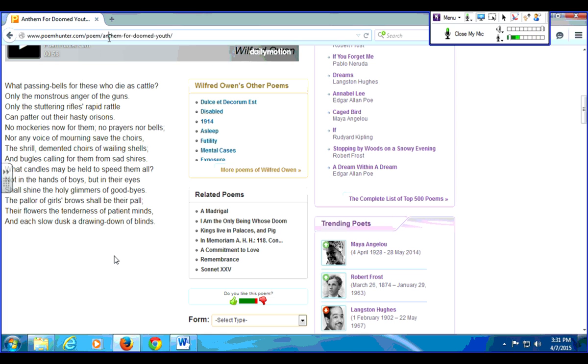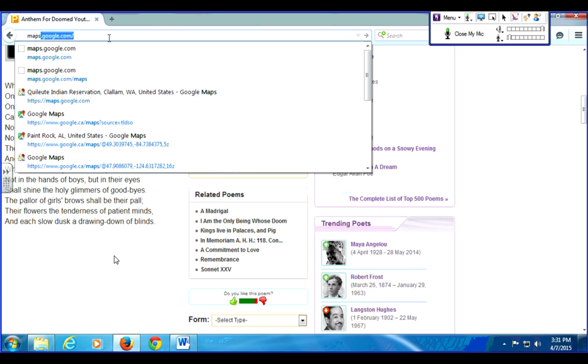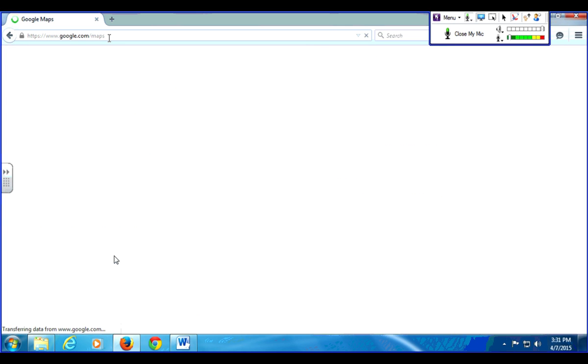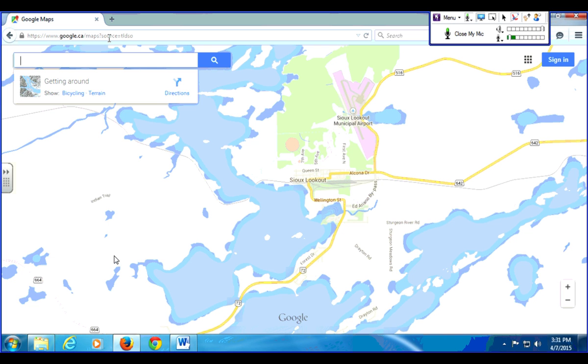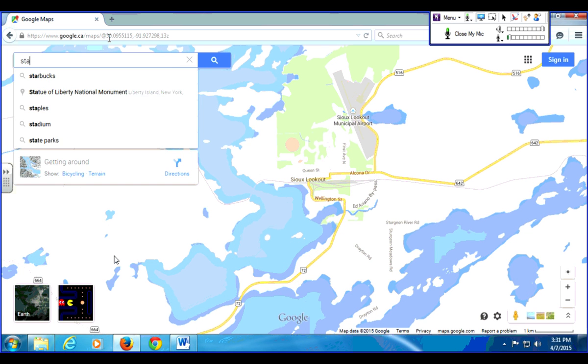If you want to figure out exactly where he was born, we can go to Google Maps. It'll show us roughly where he's from. So we go to Stratford-upon-Avon in the UK.